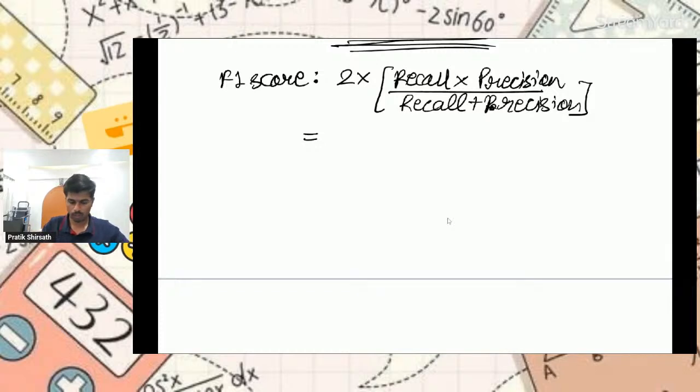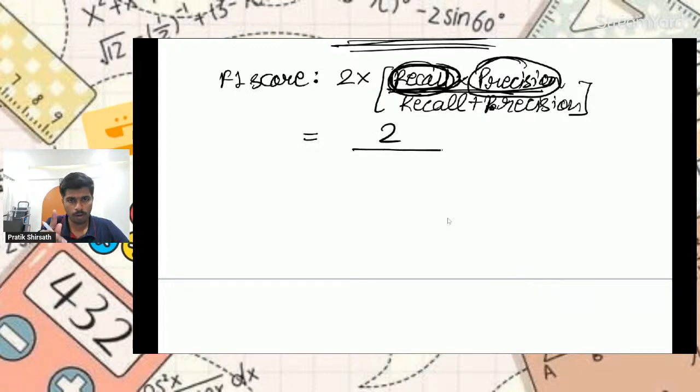So let us focus on it: the F1 score has two main components, precision and recall. How many total components do I have? Two. So total number of components divided by the sum of the reciprocals of each component.